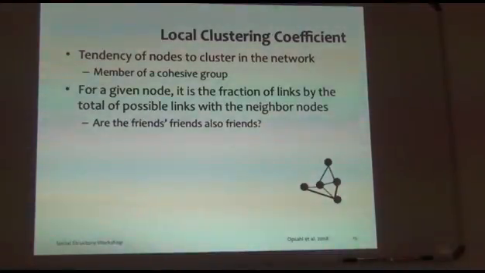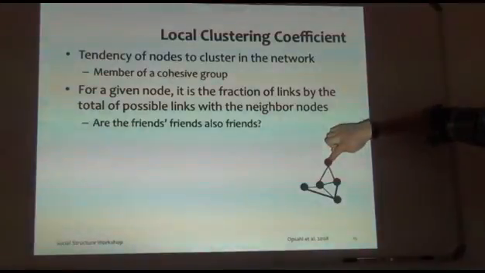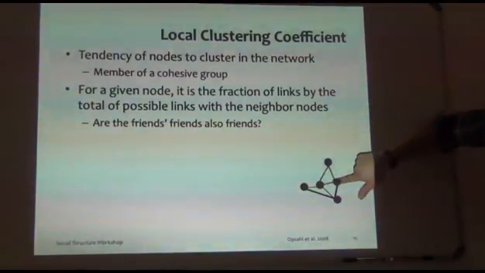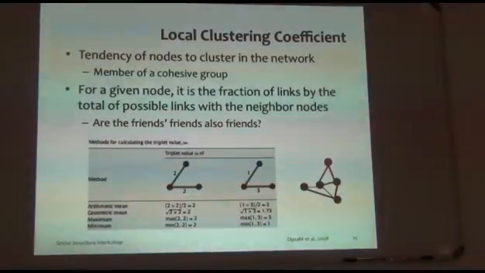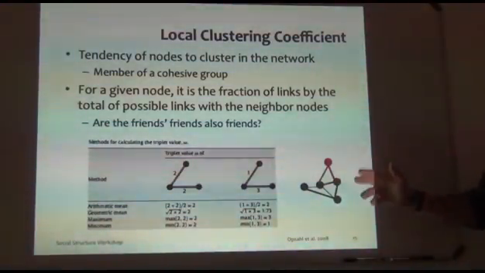We are essentially asking if the friends of our friend are also friends, if they are also connected. Just to refresh your mind, there's a different way we can do that for weighted networks.